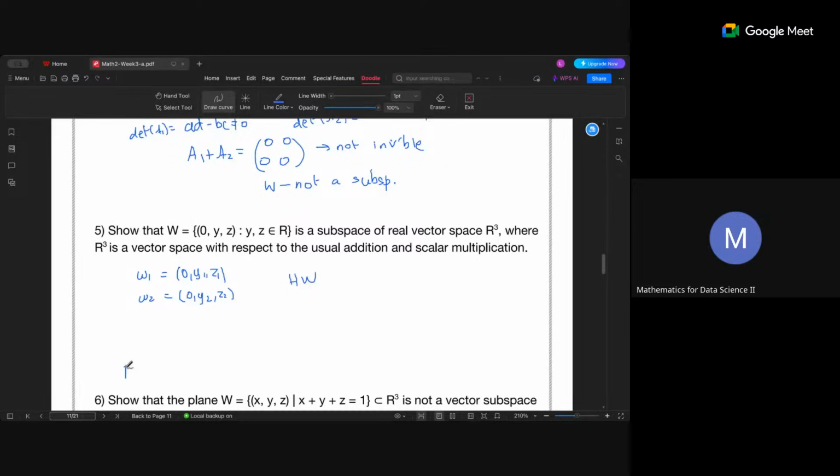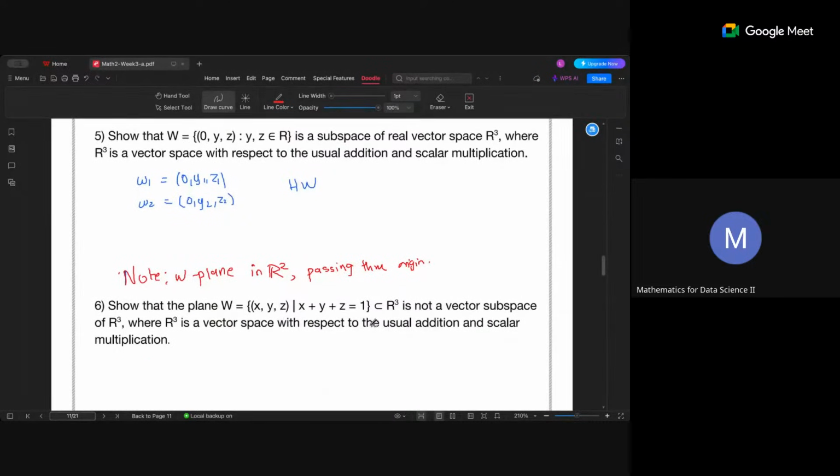Note that W is a plane, and we also note that it is passing through the origin.